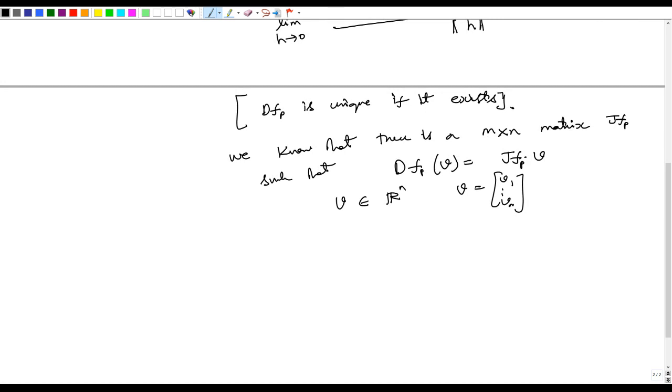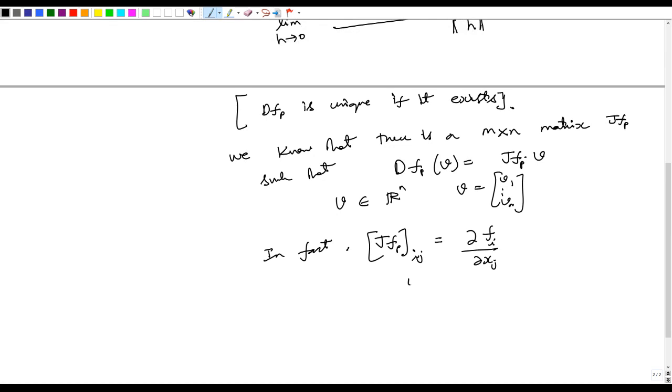And a further small computation will show us that in fact this JF_p is the familiar Jacobian matrix. The ij entry of this matrix is nothing but del F_i by del x_j.